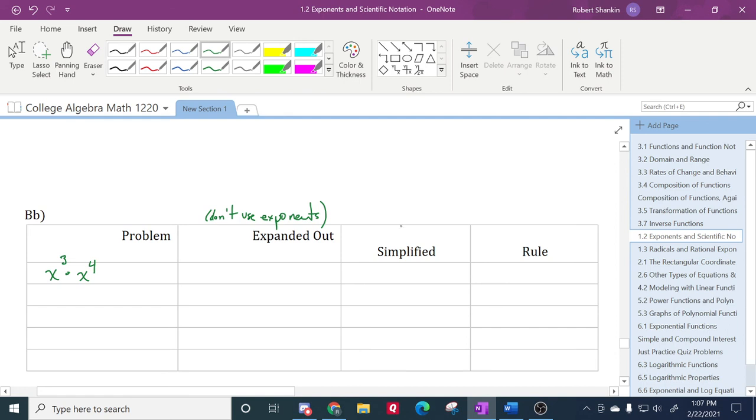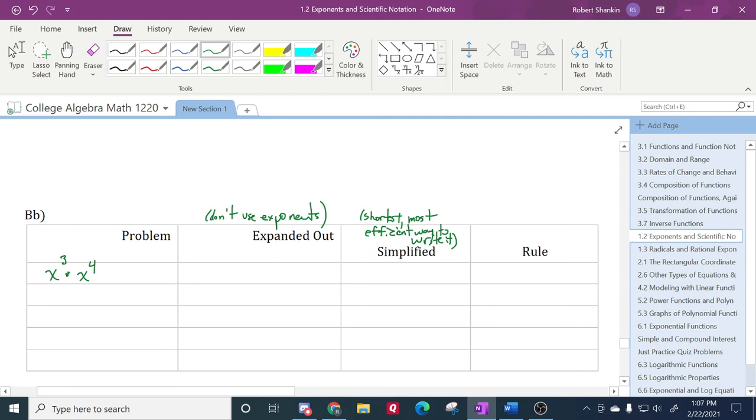Simplified means the shortest, most efficient way to write it. And then the rule is, what's the rule that's being demonstrated as we went from the problem to the simplified answer?